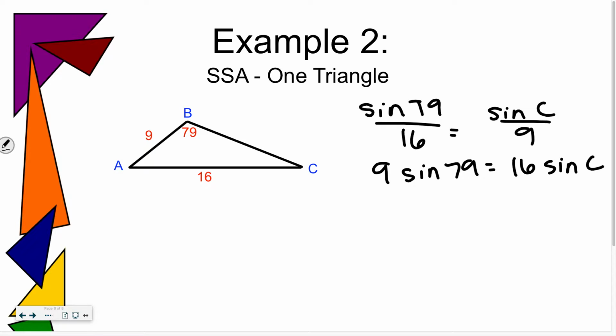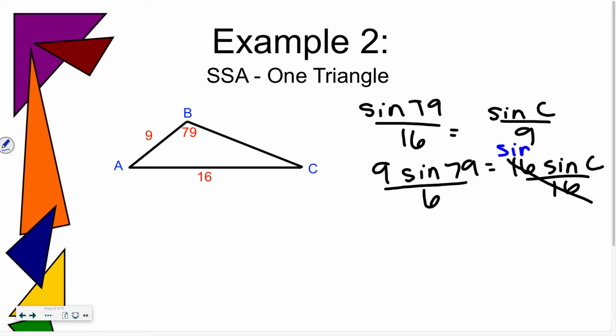Your job is to get C all by itself. You gotta divide by the 16 first. And then how do you get C out of sine? Think about your quiz that you just did. Inverse sine.